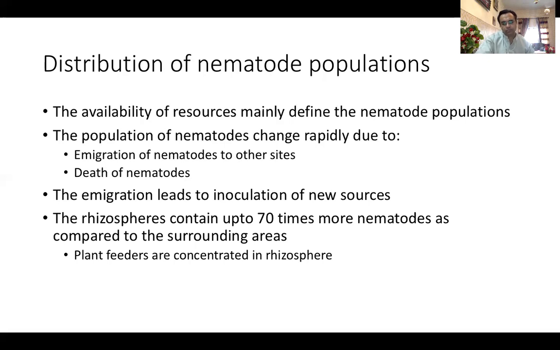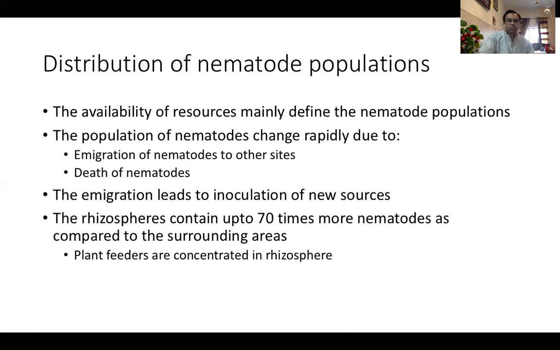So if we compare the plant rhizosphere and the soil that is away from the rhizosphere, we see that the nematodes are 70 times more in number in the rhizosphere as compared to the surrounding areas.